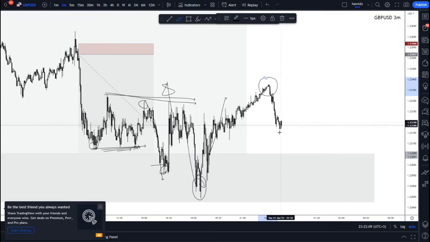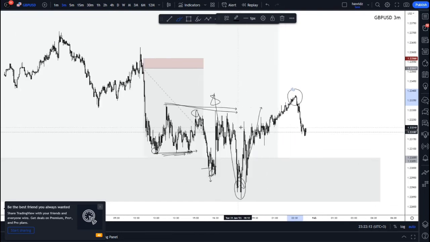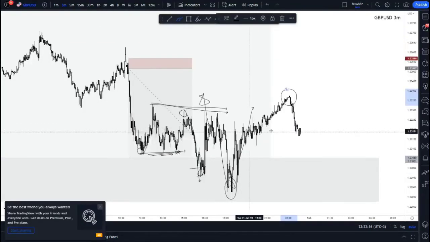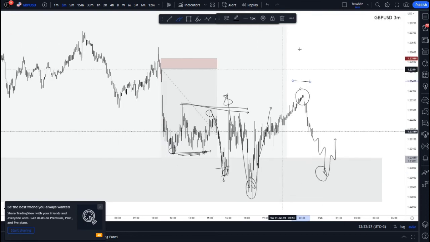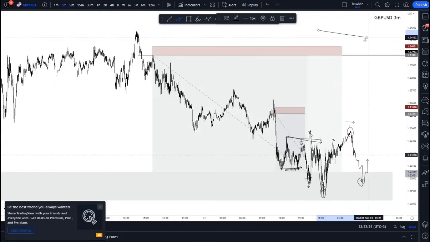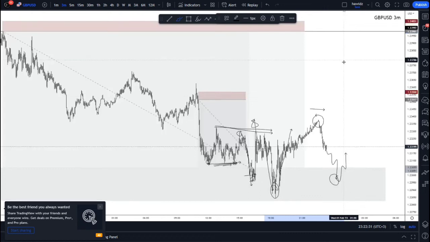And now we're just sitting back since it's off session, and I'm practically gonna wait until tomorrow to see this pullback getting completed, mitigating an order block in there, and then taking this price up towards new highs on top right here. Now, having that being said, today's Tuesday, the last day of January, of course.